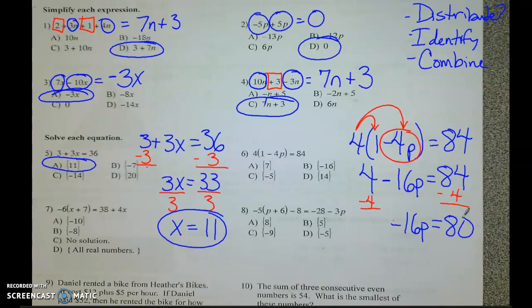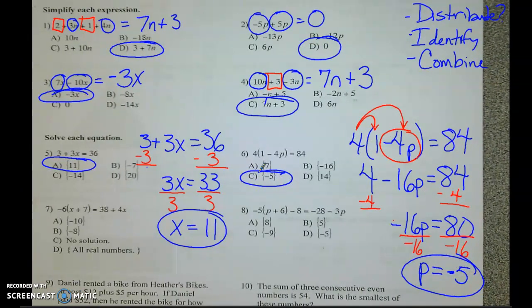Okay. Now, we're ready to get rid of our coefficient. Divide by negative 16. Divide by negative 16. That's going to leave us with p equals 80 divided by negative 16, which gives us negative 5. So p equals negative 5. C is our answer.